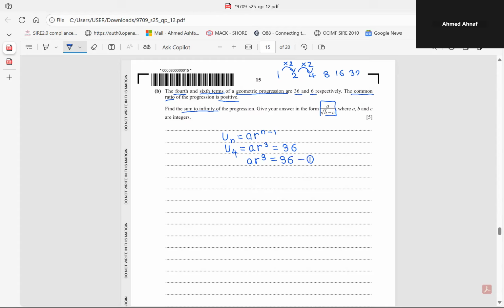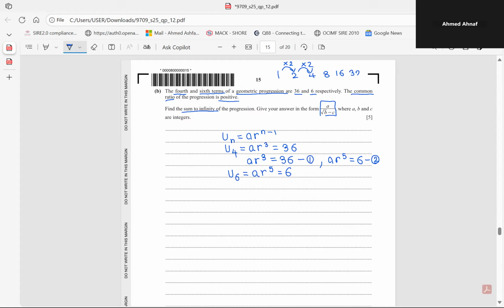Now let's find our sixth term. U6 would be a times r to the power of 6 minus 1, which is 5. That's equal to 6. So the second equation is a times r to the power of 5 equals 6.